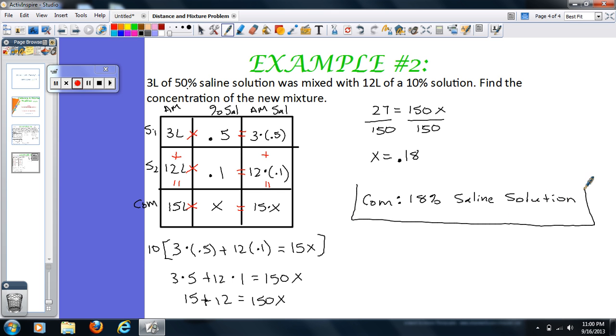That's really all there is to mixture problems. If you can remember the setup for the box and the arithmetic that goes in between the boxes, then these are actually fairly easy problems.